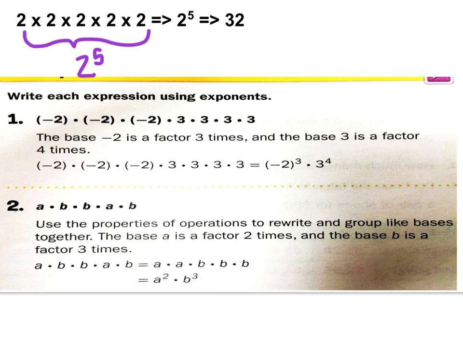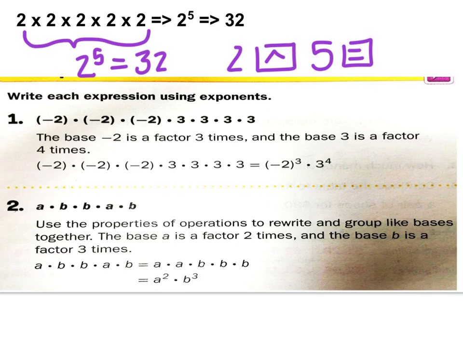And 2 to the 5th power equals 32. In your calculators, you would put this as 2 and then press the little upside down caret button or the upside down V, and then you would press 5 and then the equal sign, and that would give you an answer of 32.